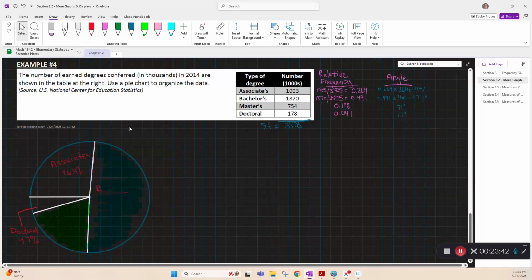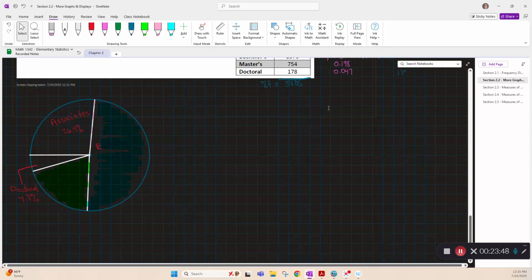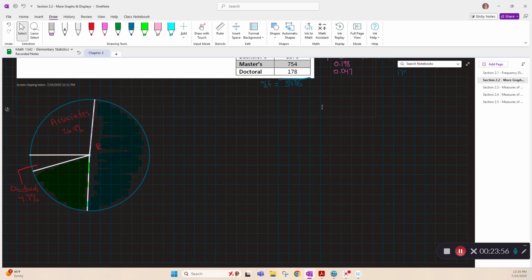Okay, so the last thing it says is to, well, it doesn't tell us to identify any patterns, but on the homework, you'll have to identify some patterns. So let's do that. What can we see from this pie chart?